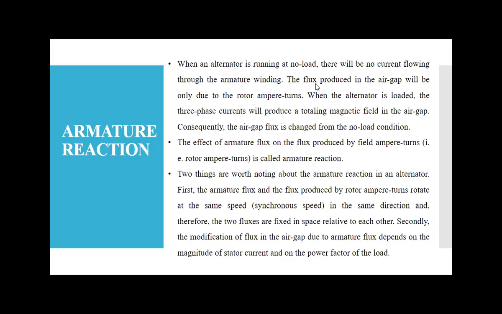You are aware of the DC generator? We are rotating our armature. So in a DC generator, my field winding remains stationary. But here in the alternator, we are doing the opposite thing. In the alternator, we put our field winding onto the rotor.